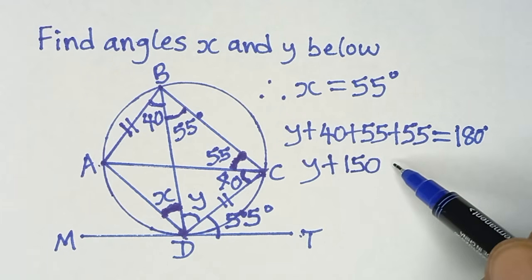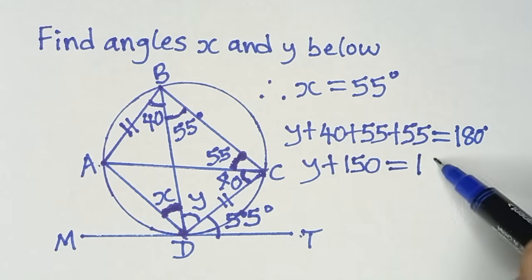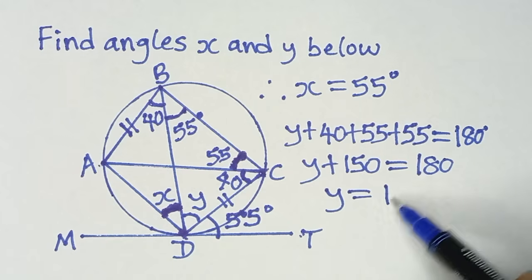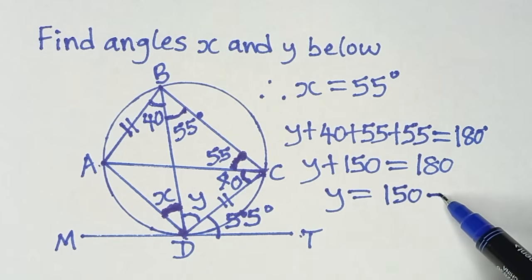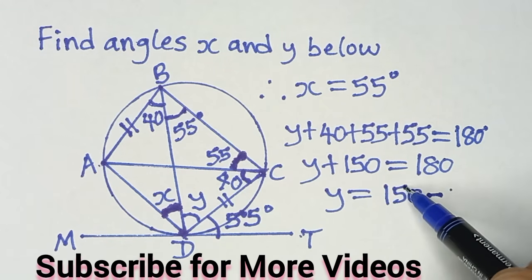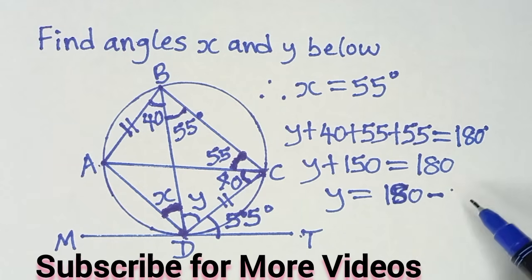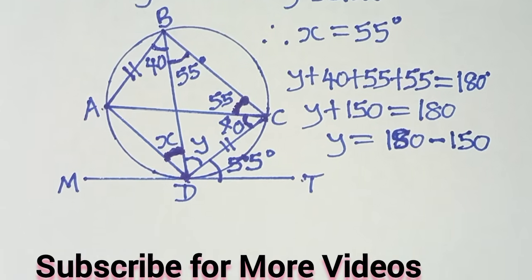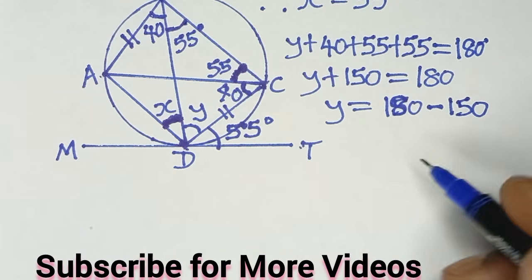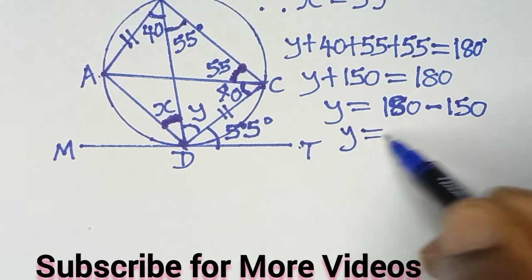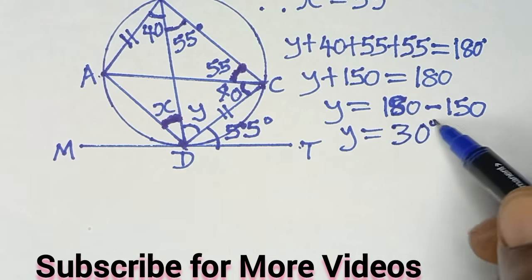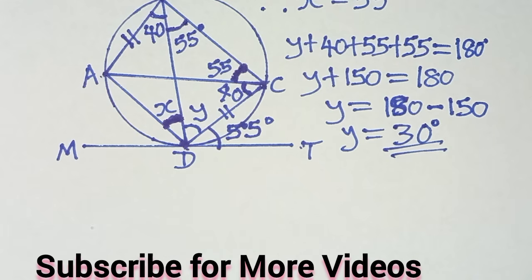So Y plus 150 is equal to 180. So Y will be equal to 180 minus 150, because when this plus 150 moves to this side, it becomes minus 150. So angle Y is equal to 180 minus 150, which is 30 degrees. So that's the value of angle Y.